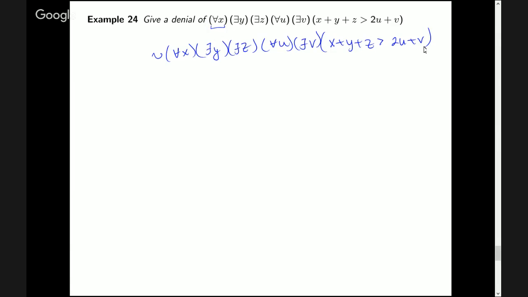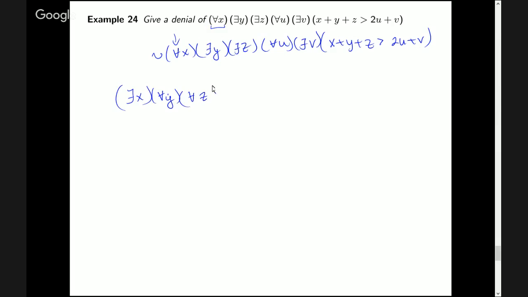So negating all of that means I have to change each of these. What does for all become then? Yeah, there exists, or for some. And then what does the there exists become? For all, those are Y, for all of Y. Then what does the there exists become?